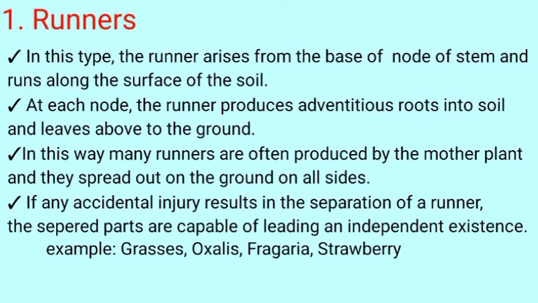In this way, many runners are often produced by the mother plant and they spread out on the ground on all sides. If any accidental injury results in the separation of a runner, the separated part is capable of leading an independent existence. Examples for runners are grasses, oxalis, fragaria, and strawberry.